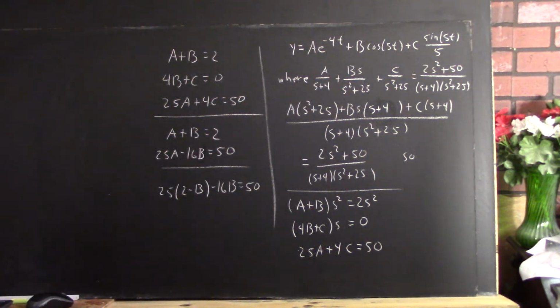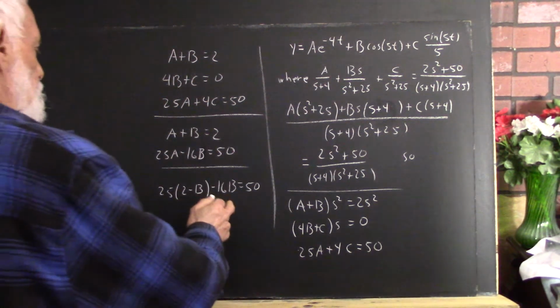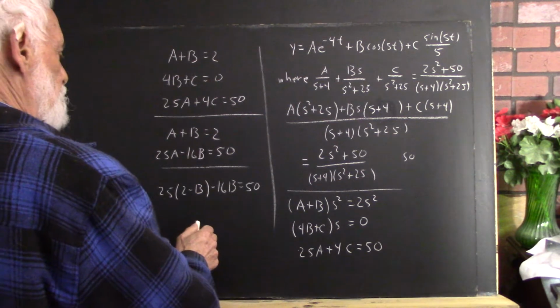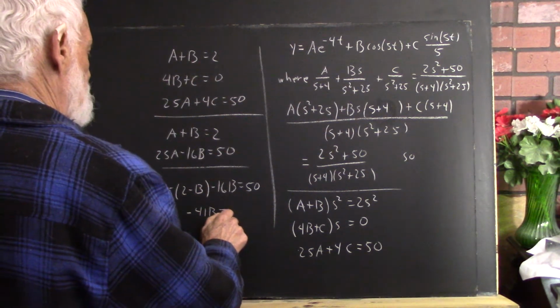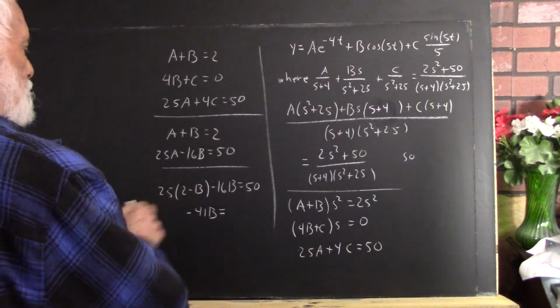And now we can easily solve for b. We've got negative 16b and negative 25b, so we've got negative 41b equals 25 times 2 is 0.